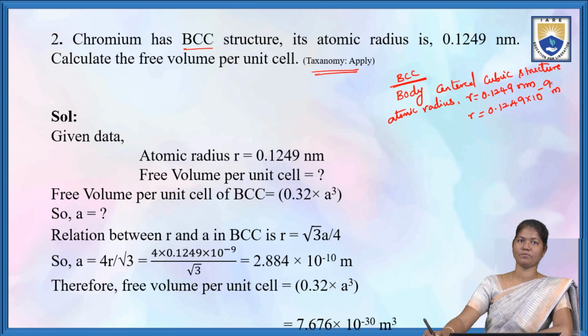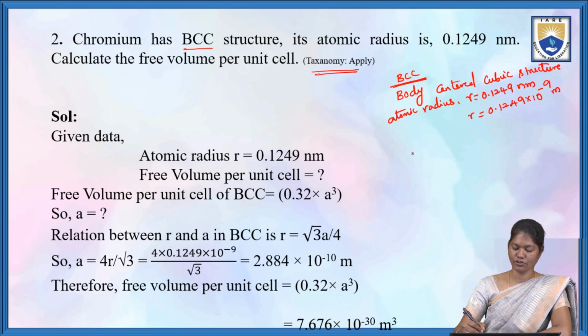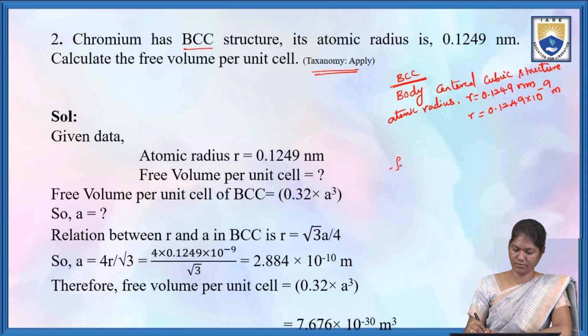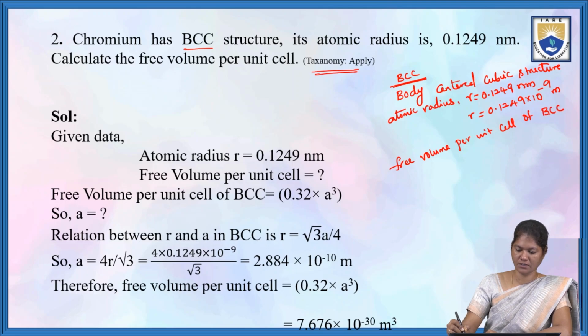So the free volume per unit cell of BCC structure is 0.32 into a cube. Free volume per unit cell of BCC is equal to 0.32 into a cube.